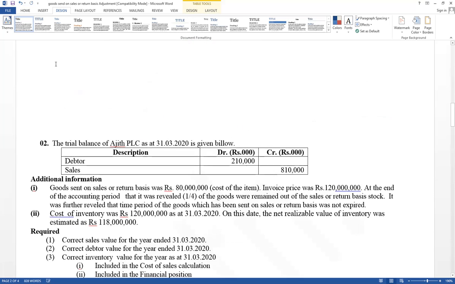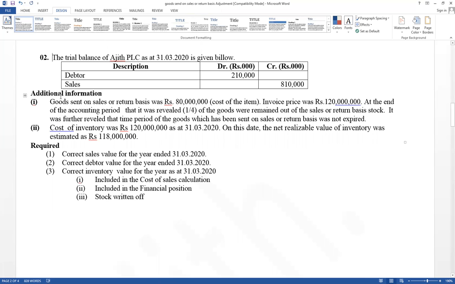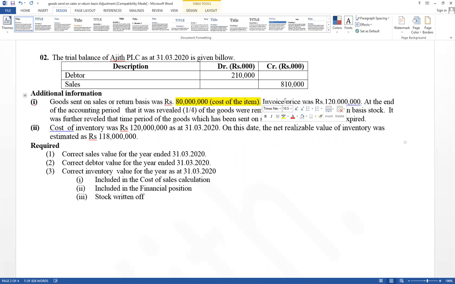Then see the second example. Try to recognize whether it is recorded or not. Then think about whether, at the end of the accounting period, it is sales or not. It has given the trial balance as at 31st March, and the debtors balance and sales balance are available. Goods sent on sales or return basis, this is the cost value, and invoice price means selling price.